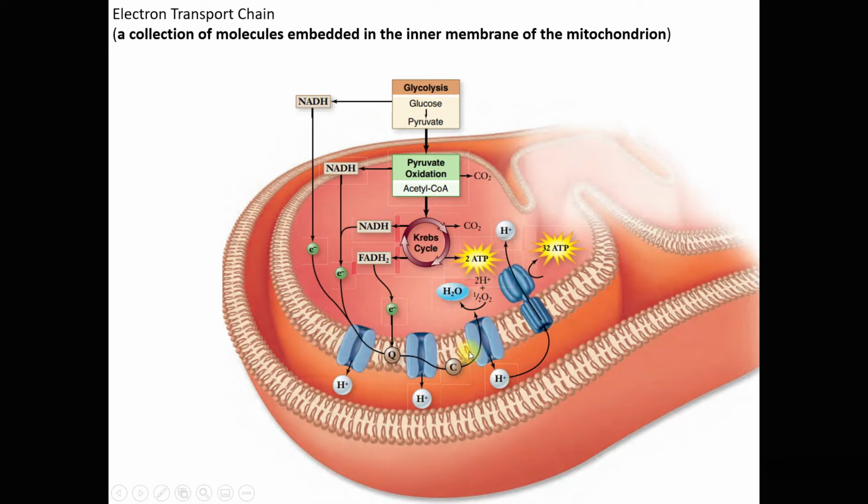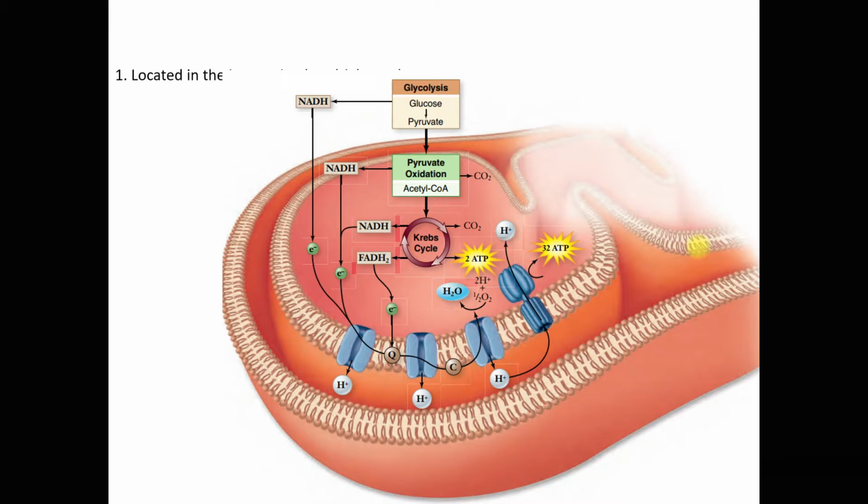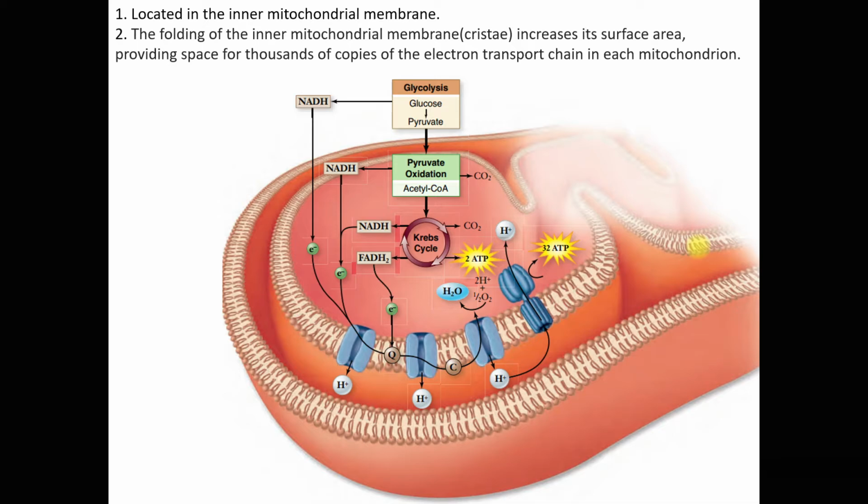In the inner mitochondrial membrane there are many electron transport chains. As I mentioned earlier, it is located in the inner mitochondrial membrane, and the folding of the inner mitochondrial membrane increases its surface, providing space for thousands of copies of the electron transport chain in each mitochondrion.